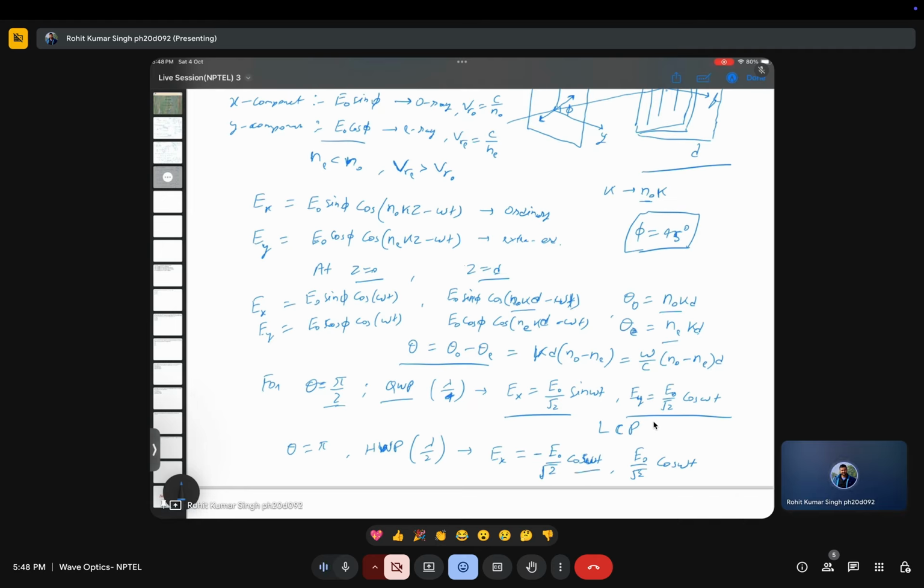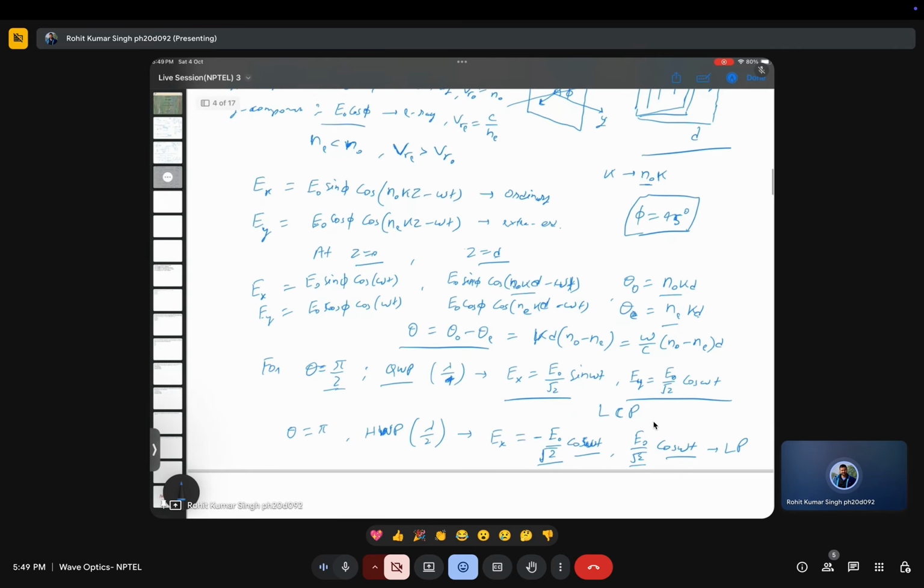Both have this cos omega t component, but their amplitudes have different signs. So you must remember this is a case of linearly polarized light, but with an angle greater than 90 degrees.